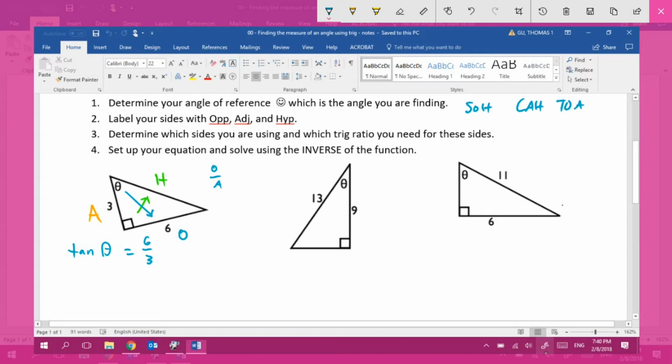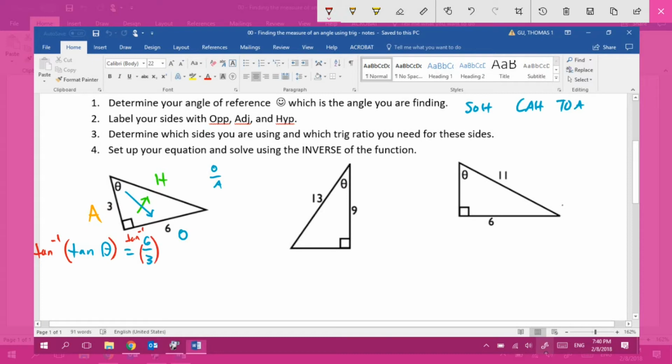There you go. Now, this is just going to be a simple one-stepper. We're trying to get the theta by itself. Now, how am I going to get rid of a tangent? Check it out. We're going to use the inverse trig function. So we're going to go like this. Bam. We're going to take the inverse tangent of both sides, and that is going to give me my answer.